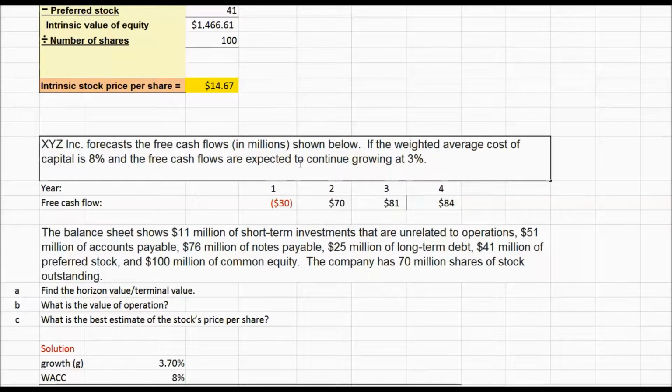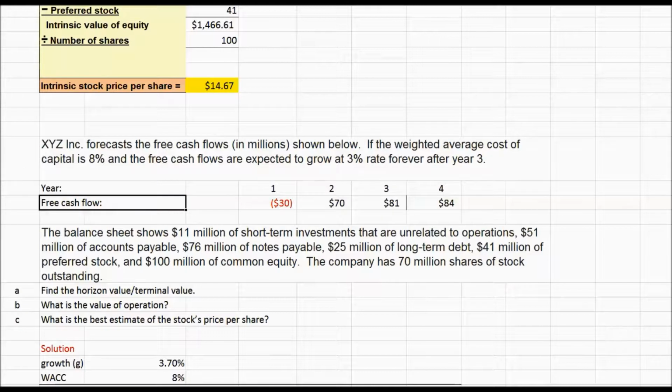Cash flows are expected to grow at a 3% rate forever after year 3. Okay. So how do you solve this problem?